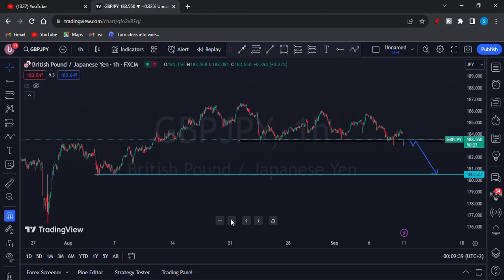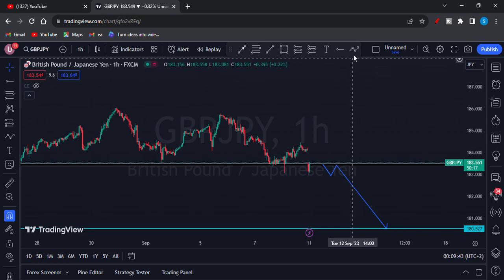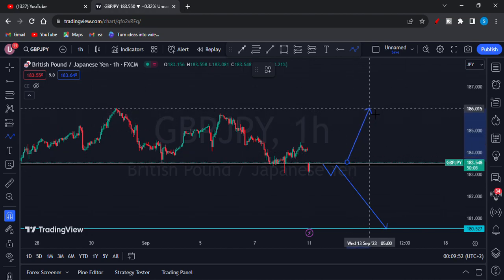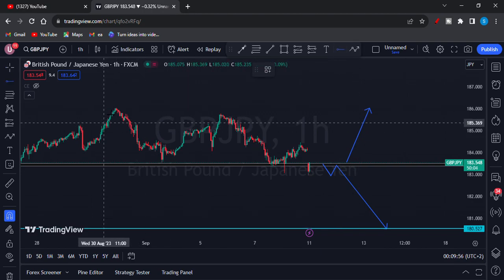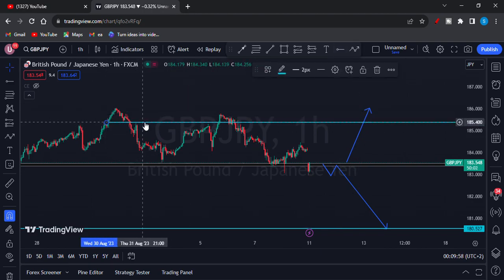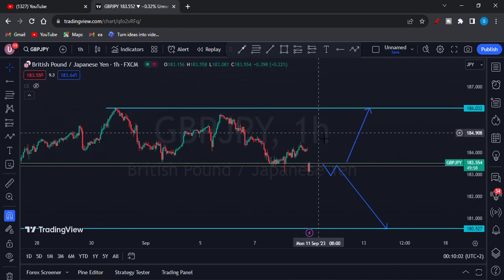Let me just adjust. Let me just zoom in again. But if we are pushing to the upside, then we can expect a push up to there. But we'll see how the market is going to play out around these areas.